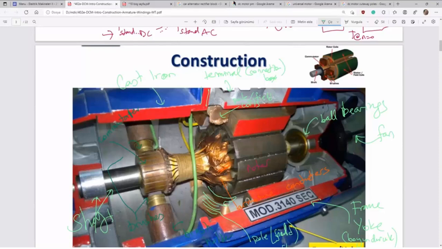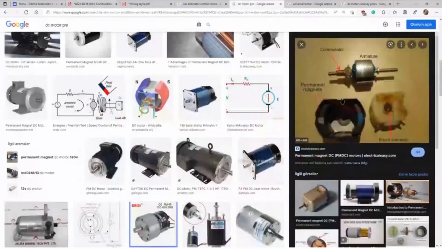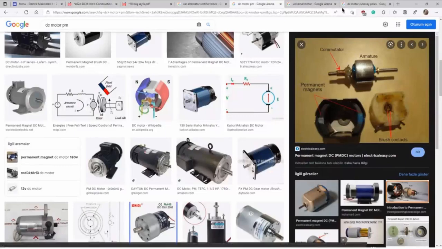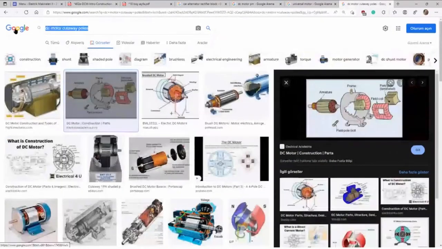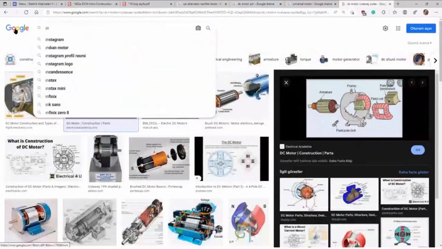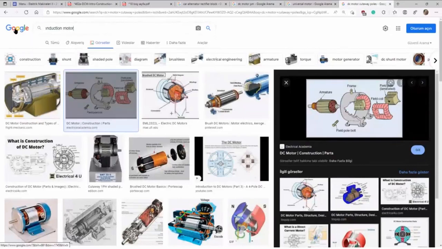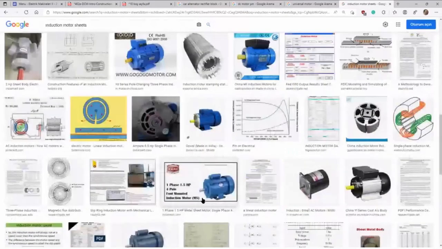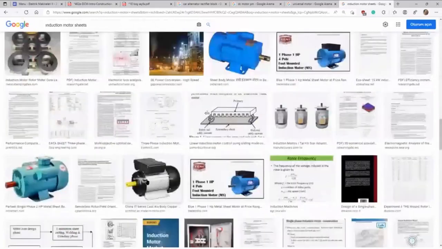Essential part. Okay. Here you see, the frame is the essential part. Magnetic field passes through the frame, completes its circuit over the frame. But in an induction machine, let me call it back. Induction motor sheets. Okay, let's say sheets first. It's somewhere here.